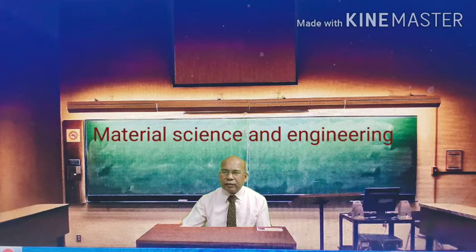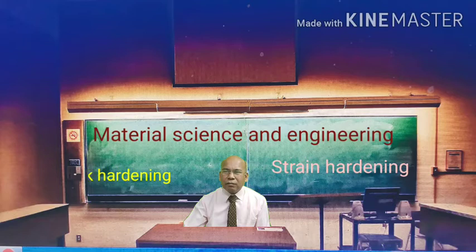It's called a strengthening mechanism. If the metal is below 0.3 times the melting point and force is continuously applied for a particular time, say 6 or 7 hours, it's called strain hardening or work hardening.